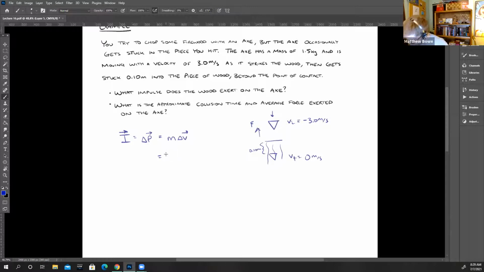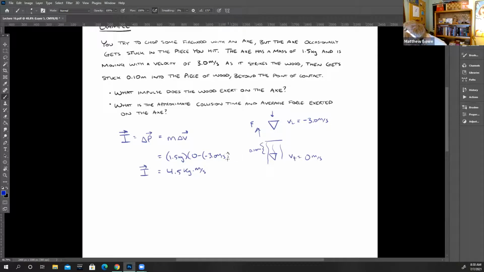The mass of the axe is 1.5. Final velocity minus initial velocity. So we have an impulse of 4.5. This is kilograms times meters per second. That's not quite a Newton. It's positive, 4.5 kilograms meters per second. Let's add the direction also.